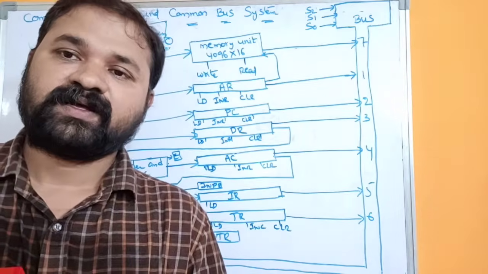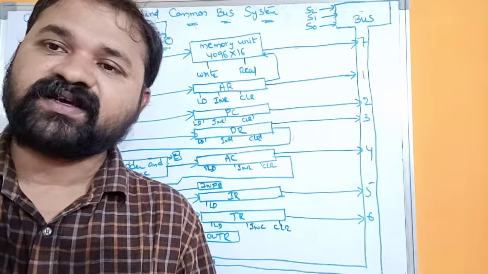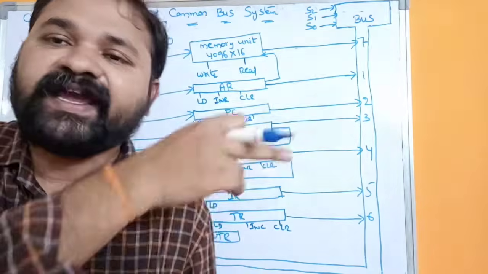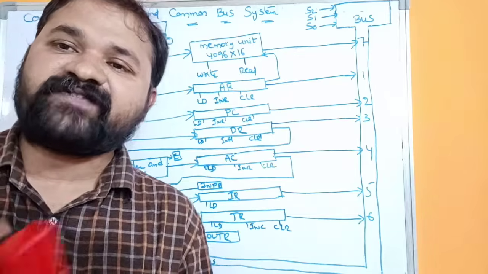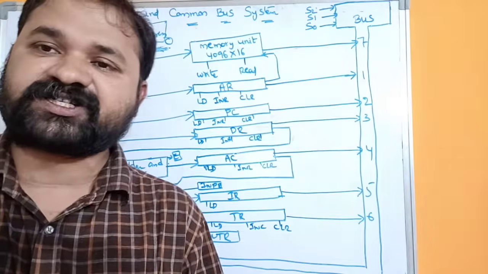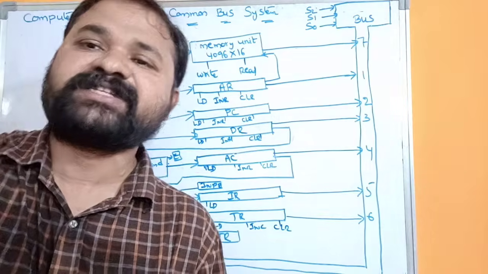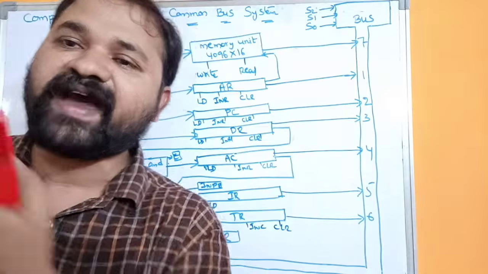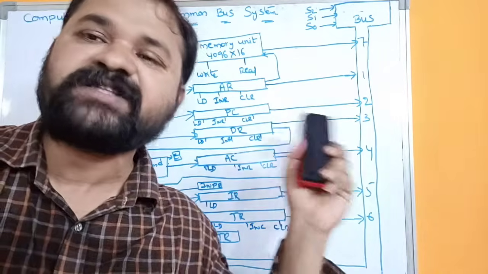So how many connections are needed? Too many. Likewise, the output of the second register should be connected as input to the remaining 99 registers. So if a system contains 100 registers, then from one register to all the other registers we have to make connections with the help of cables or wires. So too many cables are needed. This is a very expensive approach.